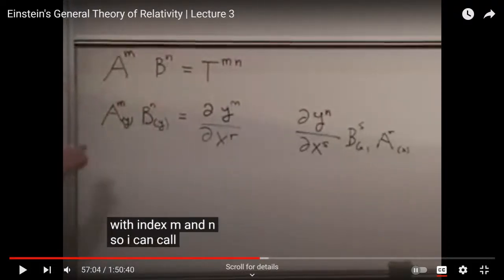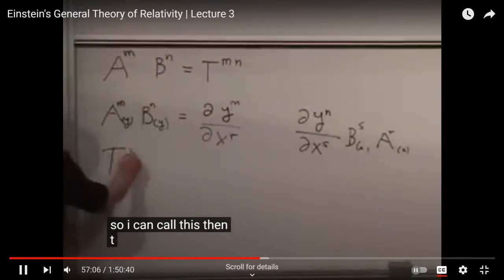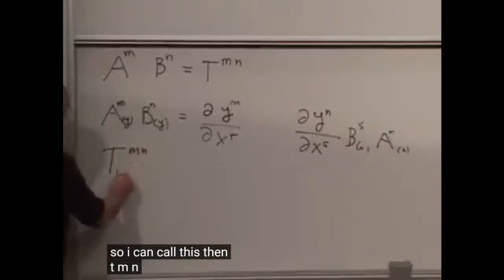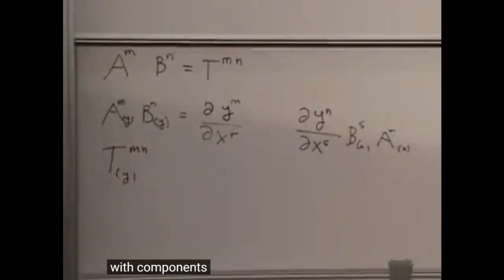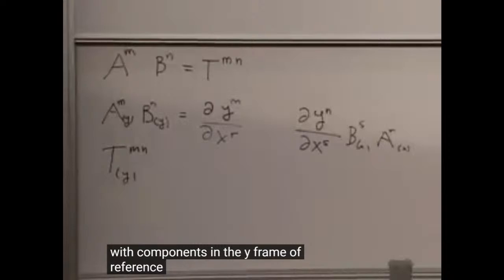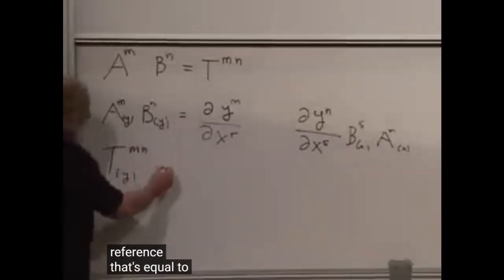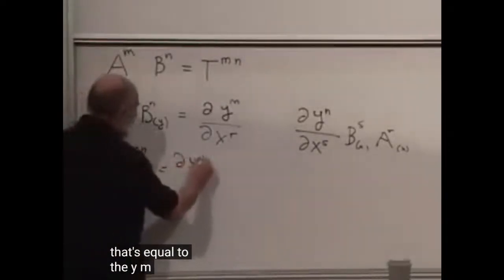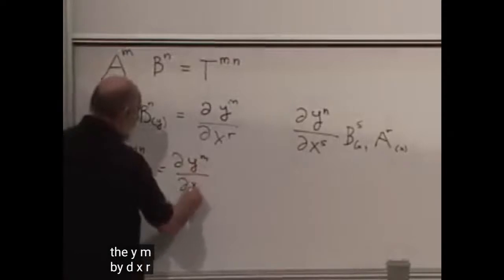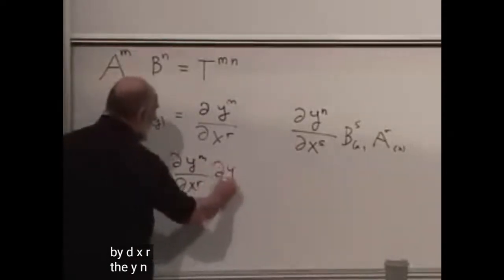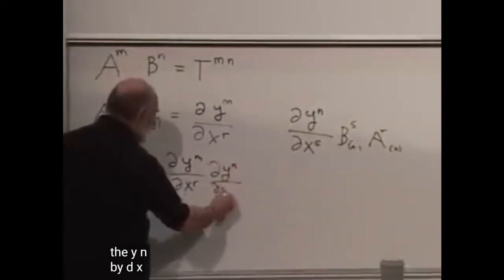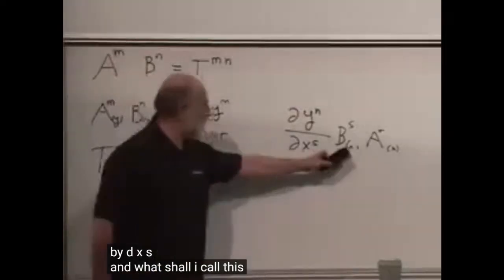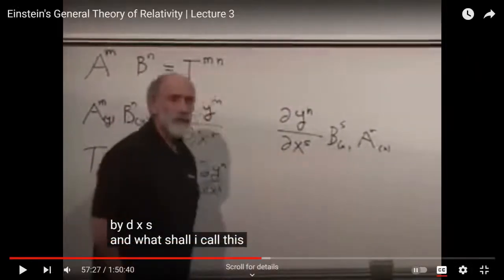So I can call this then Tmn, with components in the y frame of reference, equal to dym by dxr, dyn by dxs. And what shall I call this? T, I guess.